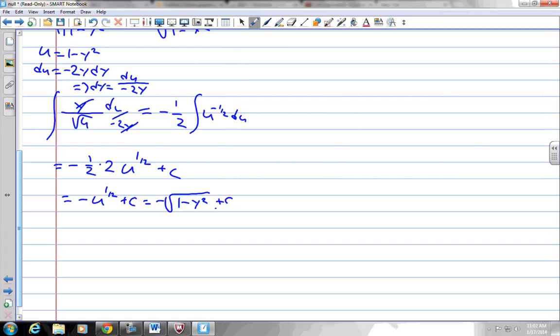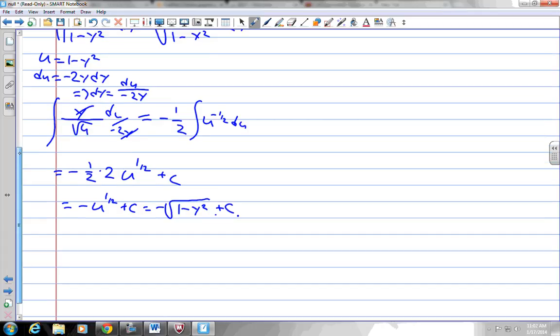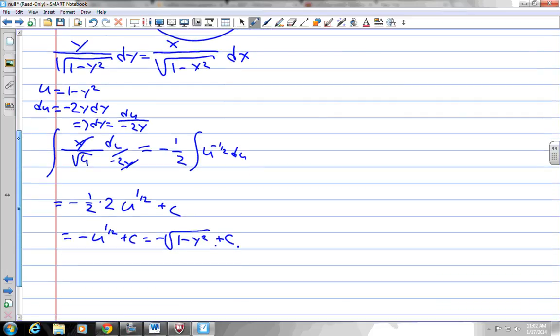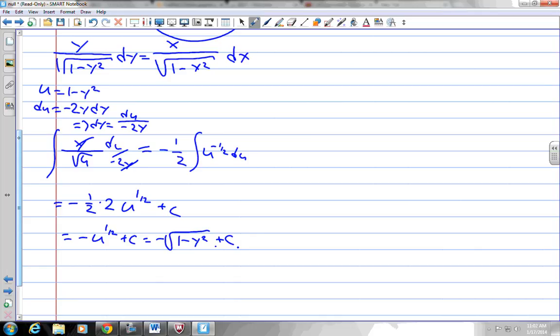It's just, I think this is a little easier. You don't have to draw triangles. But it works. Okay? So this is a calc 1 integration, basic substitution.